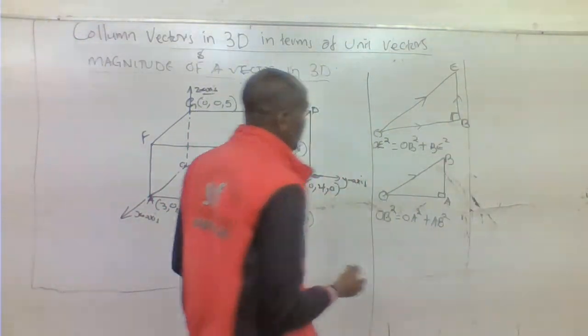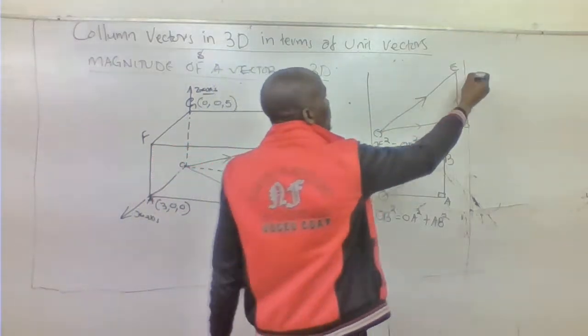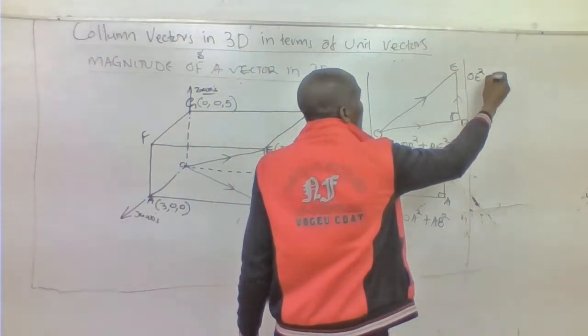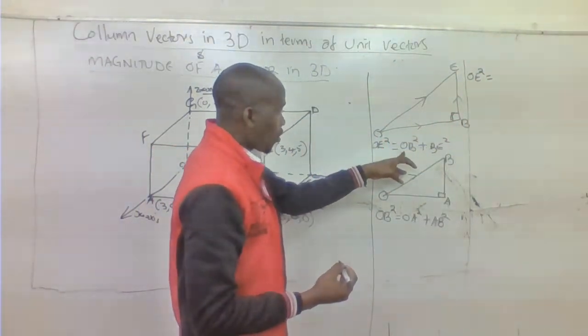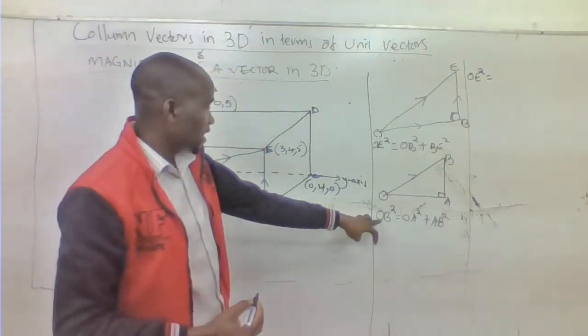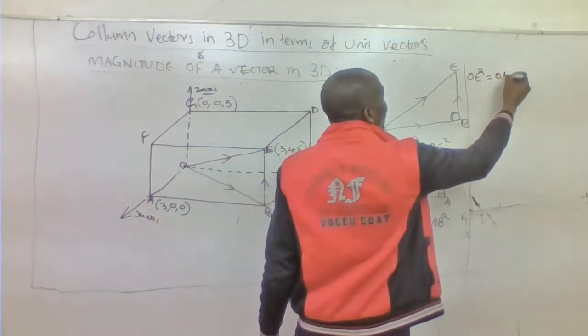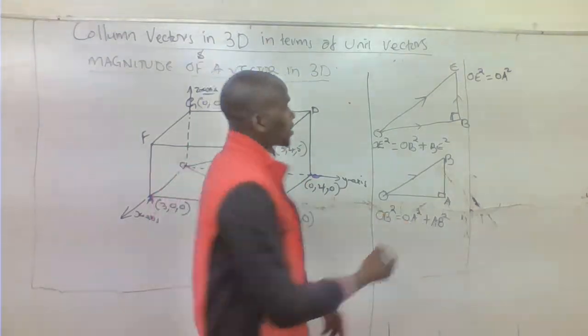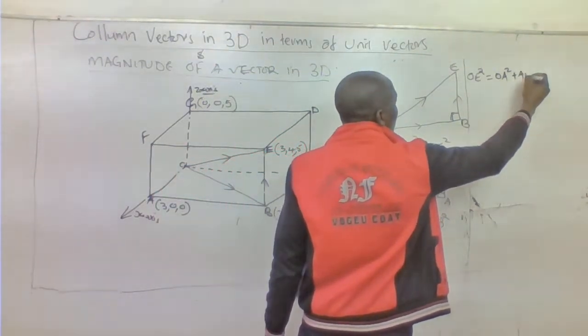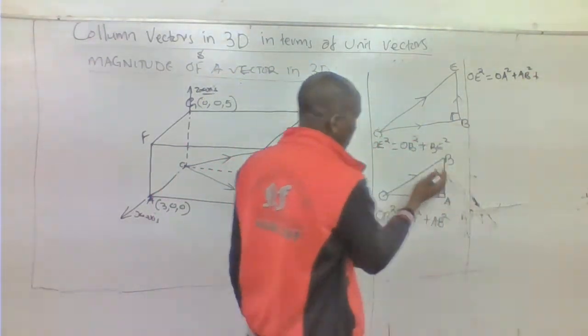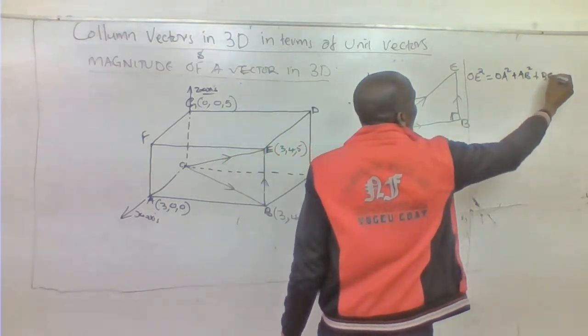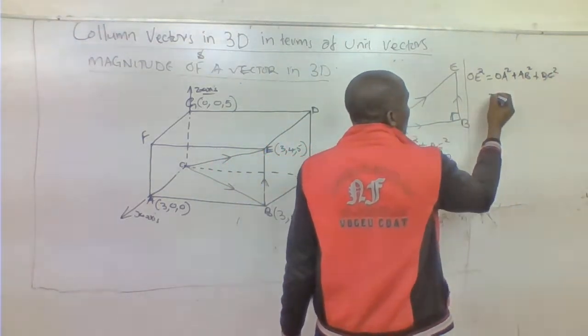So let's do that. So we have OE squared equals OB squared, which we are getting as OA squared plus AB squared, then plus BE squared.